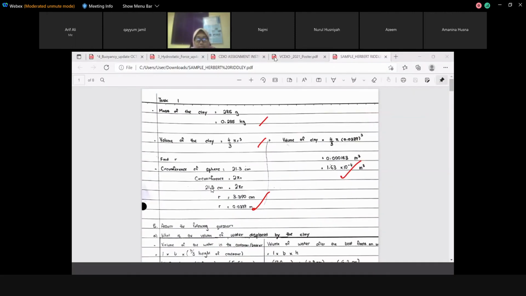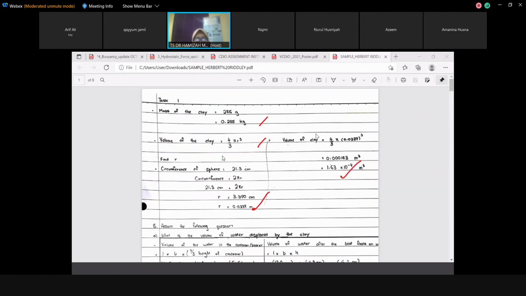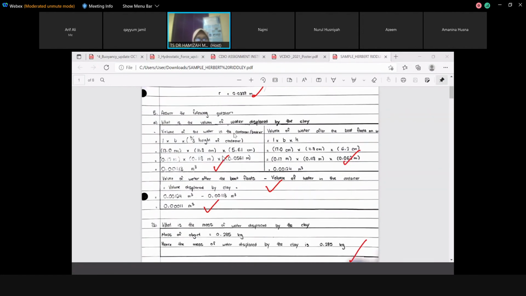Macam ni lah share. Ni tadi saya tanya volume of circle tadi kan. So volume tadi kita guna 4/3 pi r cube. Instead of using area directly, you can use the volume of circle, 4/3 pi r cube. Okay, and then you can calculate the volume of the clay.